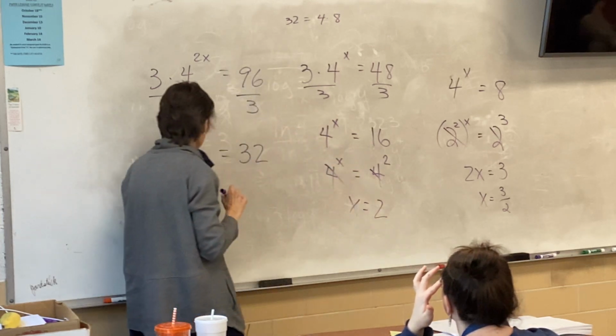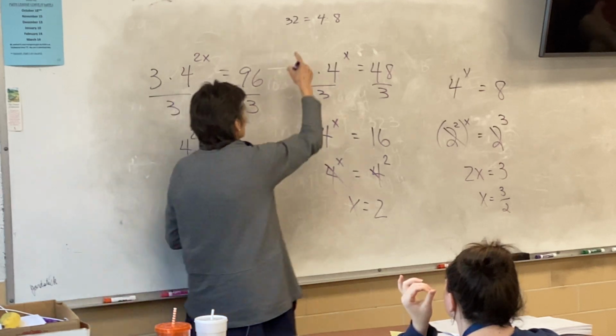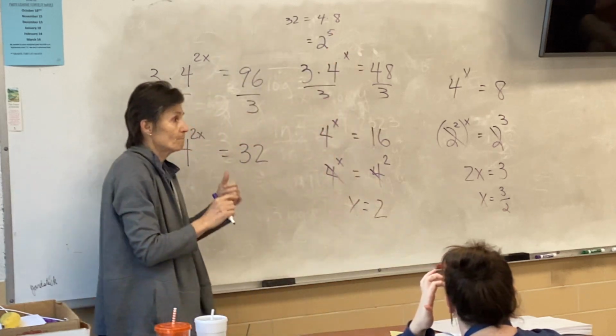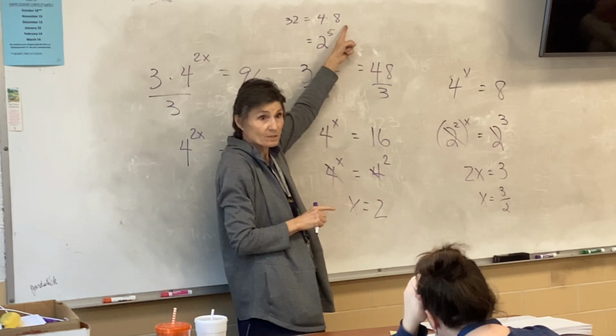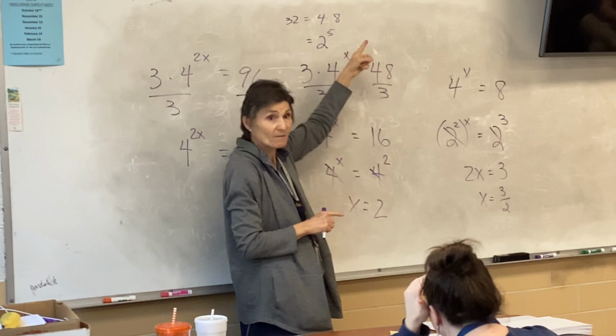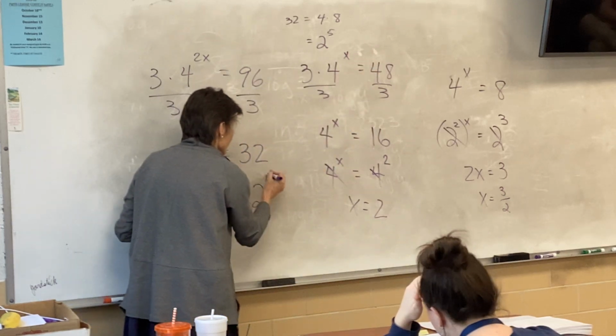That doesn't really help me out here. It's 2 to the 5th. Oh, 32 is 2 to the 5th power. Because this is 2 2's and that is 3 2's. So it's 5 2's, 2 to the 5th. So 32 is 2 to the 5th.